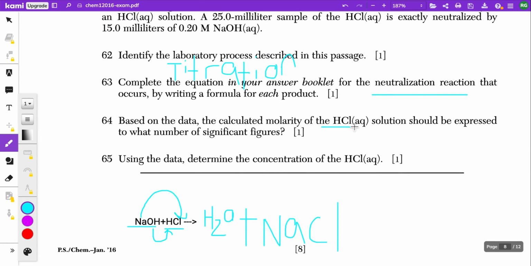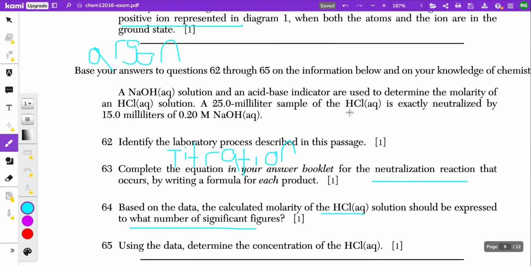The calculated molarity of HCl solution should be expressed to what number of sig figs? Well, if we were to find the molarity of the HCl solution, we're using calculations that involve 3 sig digs and 2 sig digs.